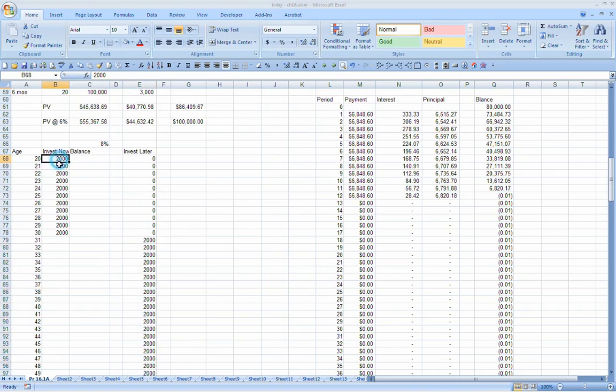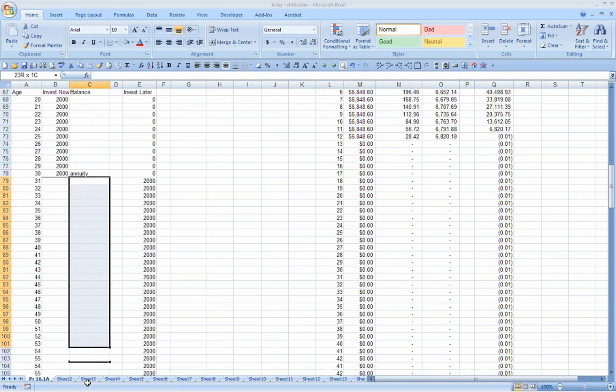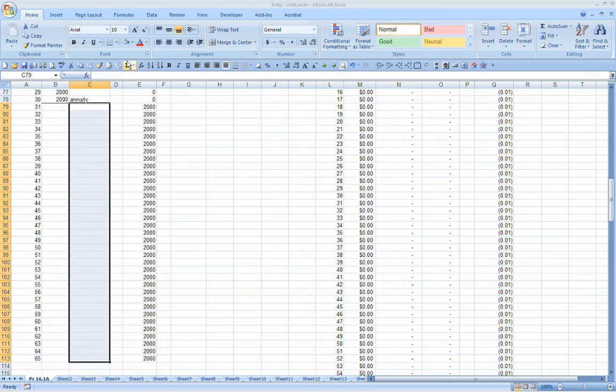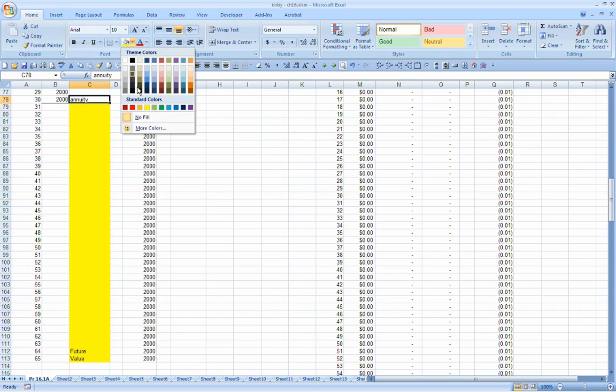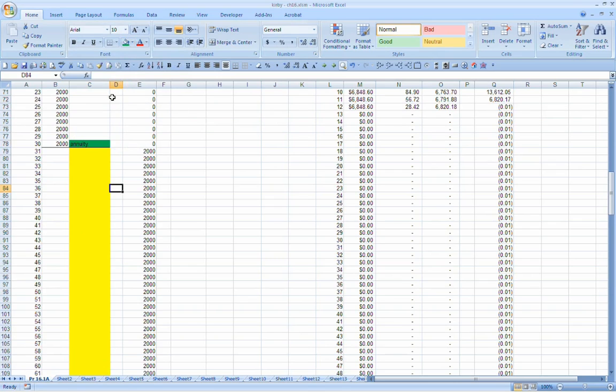This one, remember that you're going to have to calculate a balance as an annuity to here, and then from here down in this whole section, as a future value of the amount you came up with up above. Okay? So there's 2 steps to this one, and there's 1 step to this one.